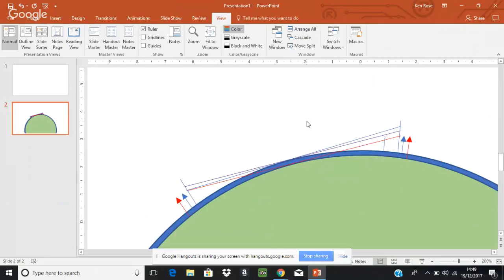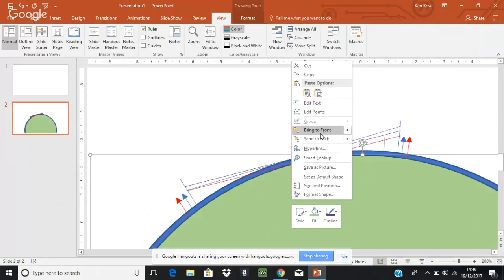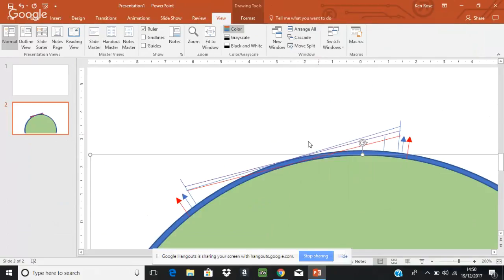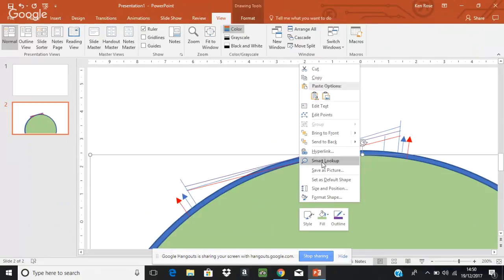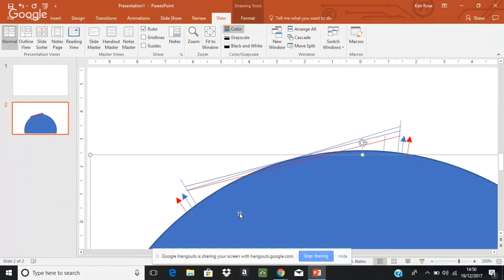Now, if we look first at the blue line, the blue circle is showing the Earth with the tide at what is considered to be average sea level.